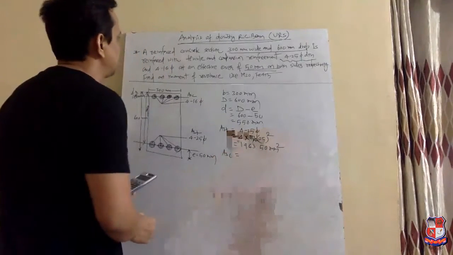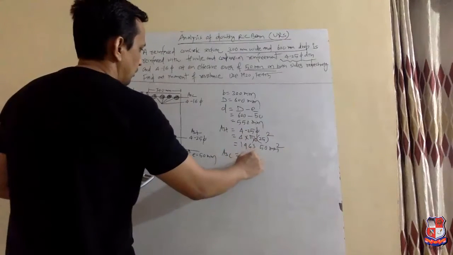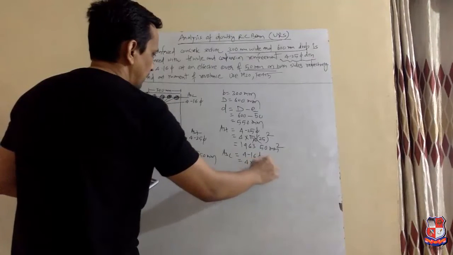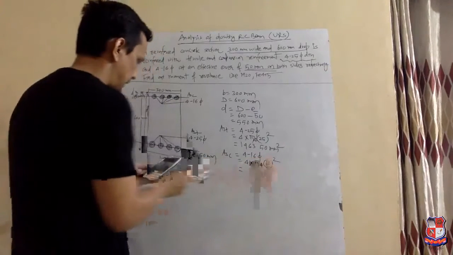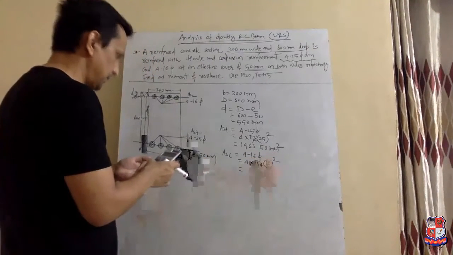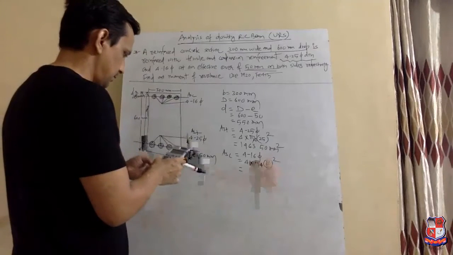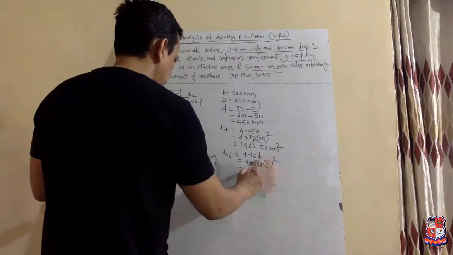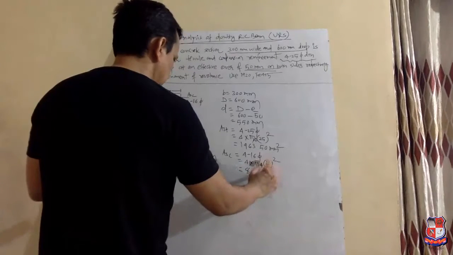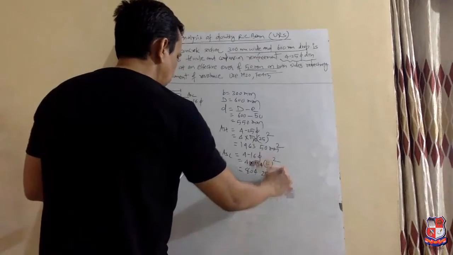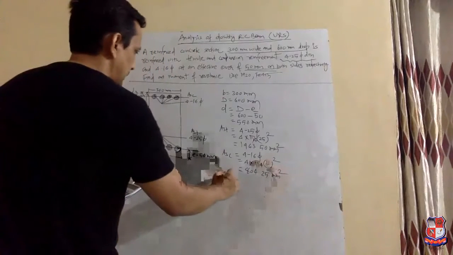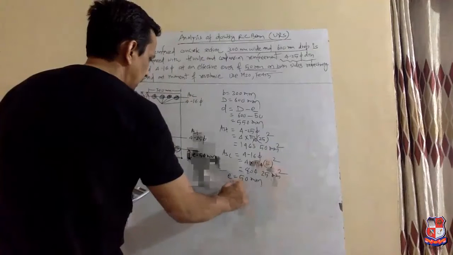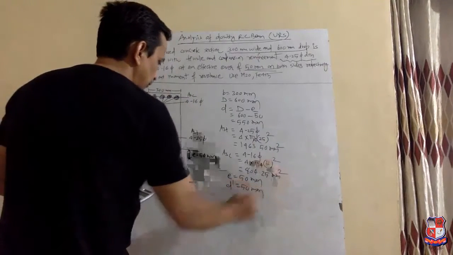And Asc, 4 number 16 dia, is 4 into pi by 4 into 16 square, so we get 804.25 mm square. d' is also 50 mm.